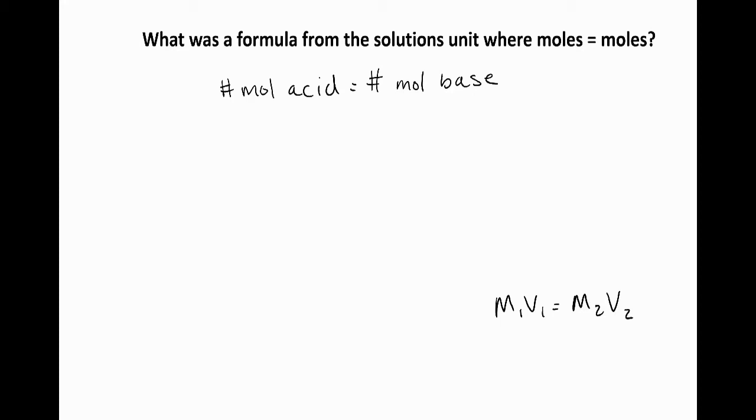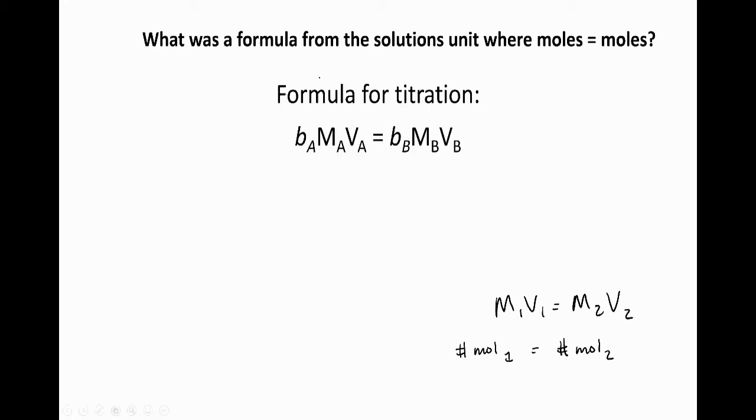And so what we assumed there is that the moles of what we started with were equal to the moles of what we ended with, because in dilution, you do not change the number of moles of your solute, you just add more liters of your solvent to make the concentration weaker. So we're going to take that general formula and use that as our baseline for titrations.